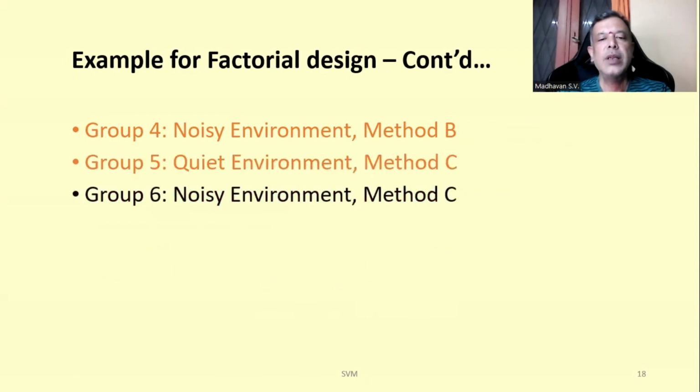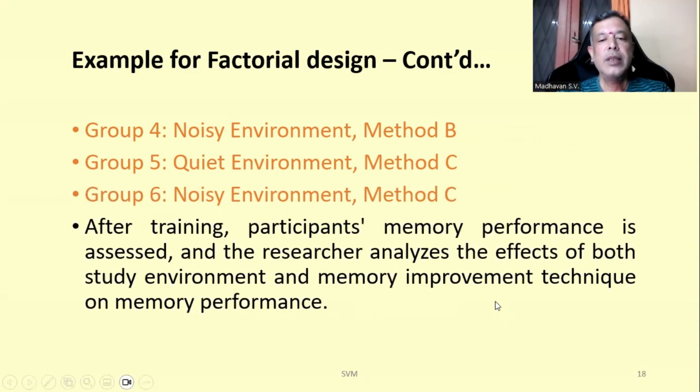Group 6 will be given method C training in a noisy environment. Then after this training, participants' memory performance is assessed and the researcher analyzes the effects of both study environment and memory improvement technique on memory performance. That is the example for factorial design.